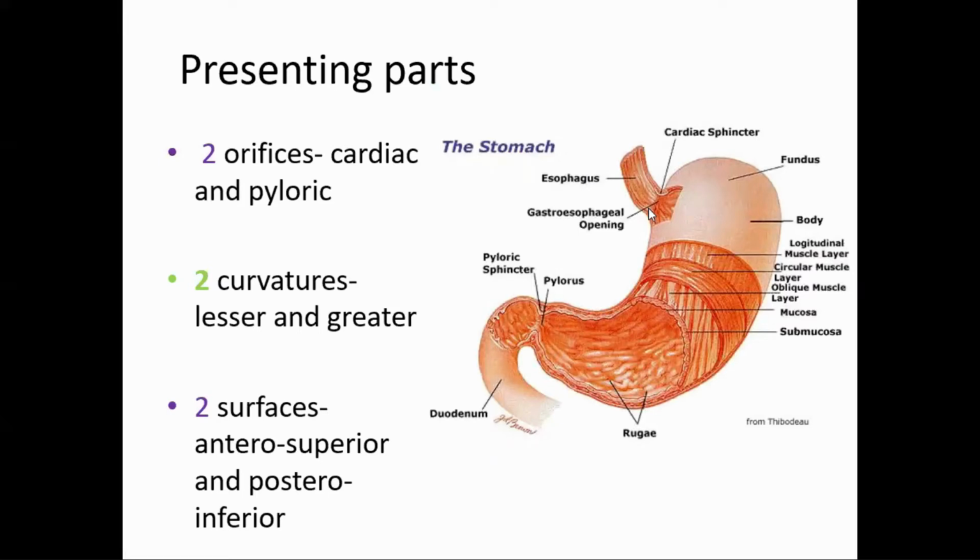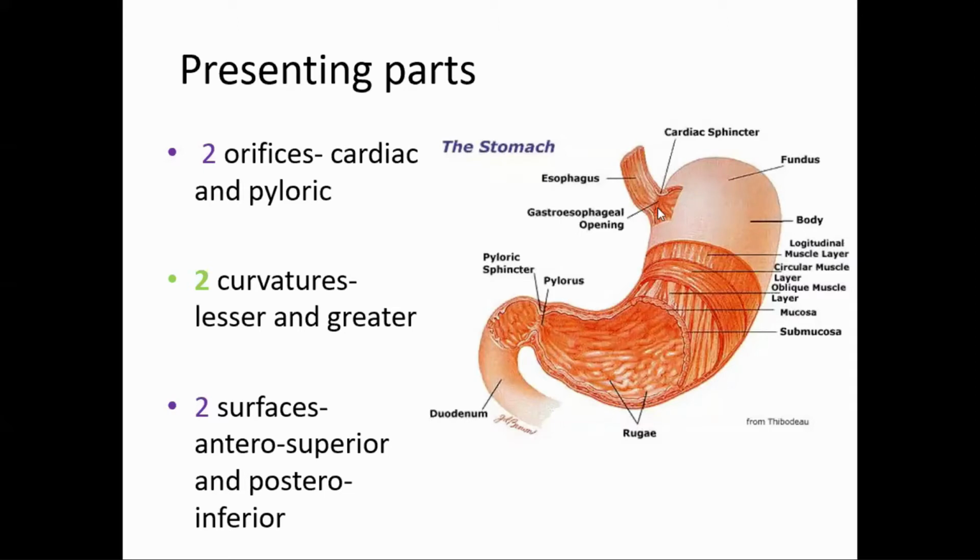and the costal cartilage level is the left 7th costal cartilage. Remember left 7th costal cartilage for the cardiac orifice of the stomach. So its vertebral level is opposite T11 and the costal cartilage is the left 7th.